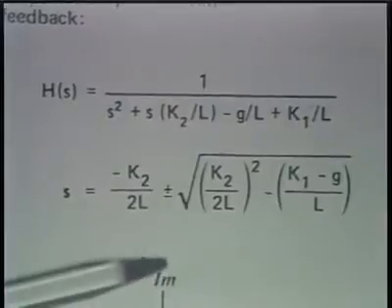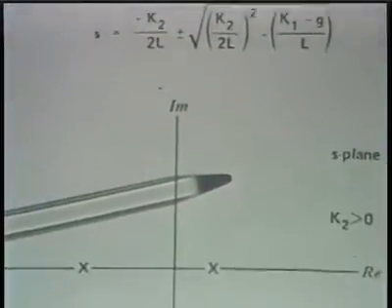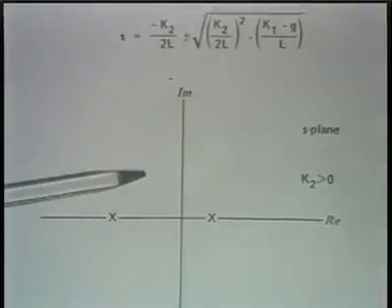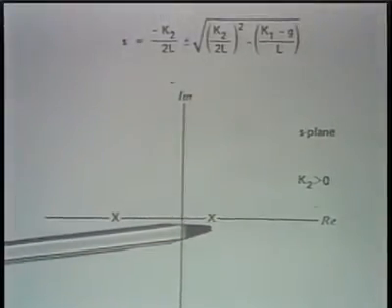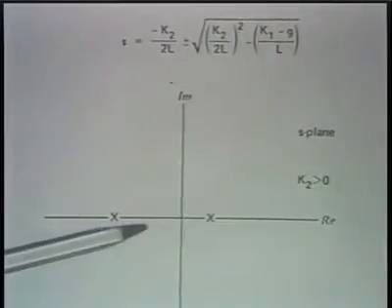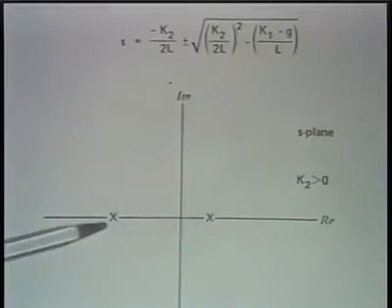And so with k2 greater than 0 and k1 equal to 0, we have a set of poles which are indicated here. And so this is just a slight shift to the left of the open loop poles, depending on the value of k2.